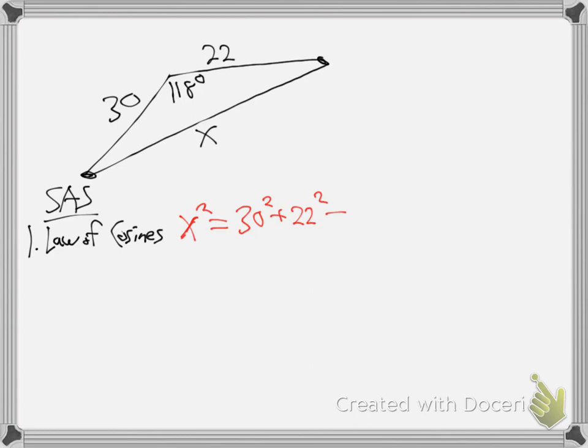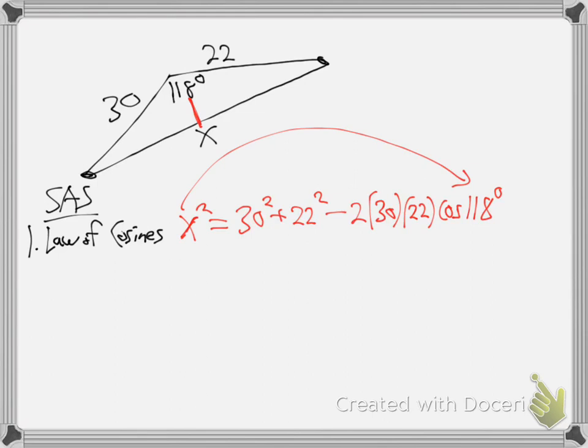But then it's minus 2 times one of the sides times the other side times the cosine of the angle across from that side. See how the X is across from the 118? That's how law of cosines always works: you're always using the side and the cosine of the angle across from it. So there it is. That should give us the answer. I have to square root it in the end. So 9.